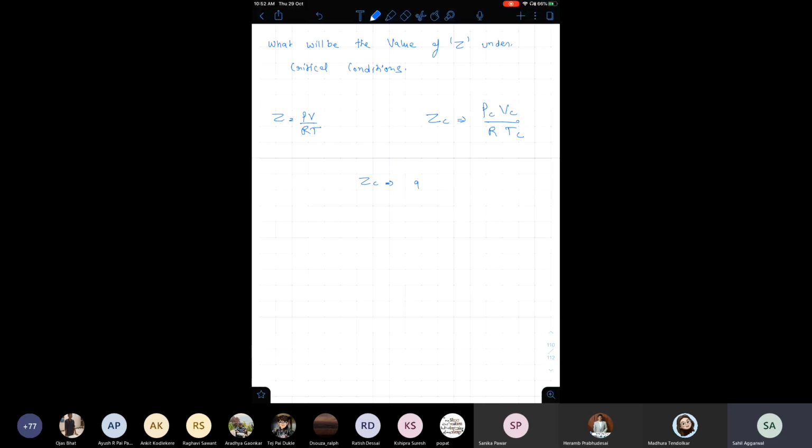A upon 27 B square into 3B divided by 8A by 27 RB और नीचे एक और R. 27 से 27 कट जाएगा, R से R कट जाएगा, B स्क्वायर से B स्क्वायर कट जाएगा, A से A कट जाएगा. Very good, Rishikesh.